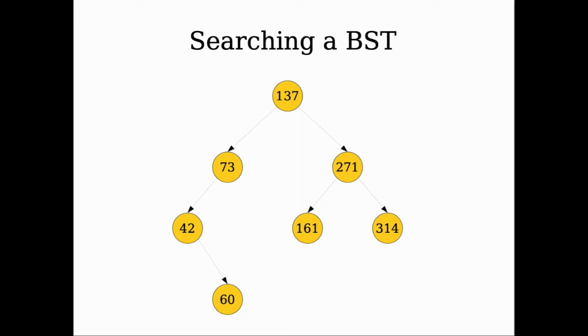But pwedeng mas mabilis yung search if we have a pre-sorted input. So one way of maintaining that sorted list is by keeping it in a BST. We can search for a particular element in a binary search tree by utilizing the property of a binary search tree na everything here sa left is less, everything sa right ay more.